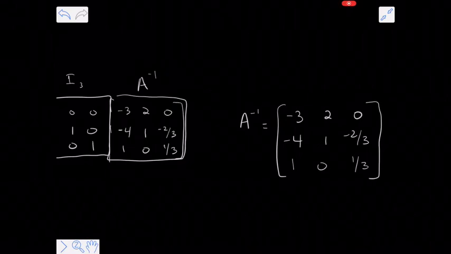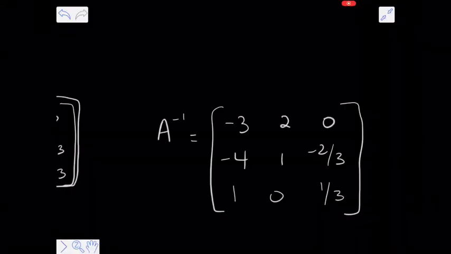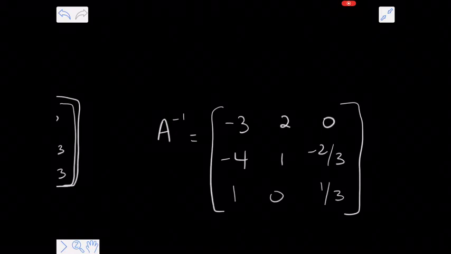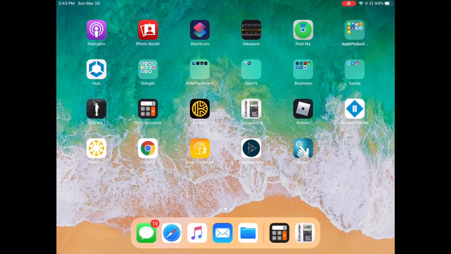And this same process can be applied to a 4x4 or a 5x5. Now, like I said, this is not a quick process, and finding the inverse of anything but a 2x2 really is not meant to be done by hand. For example, a simple graphing calculator is capable of doing this.